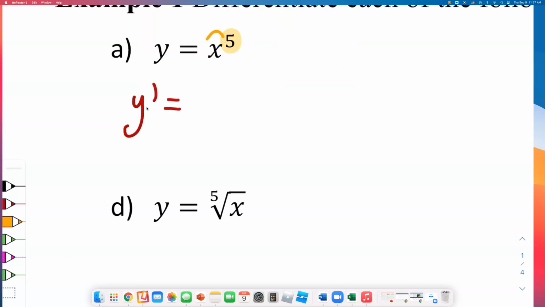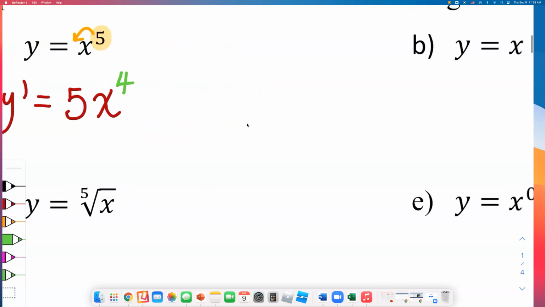So when that comes down, you have the 5 in front, and you will have x to the what power? The new exponent should be 4, because 5 minus 1 is 4. I'm done. If I were to do this using the difference quotient, it would have been a lot of work, don't you agree? Okay, so let's go on.